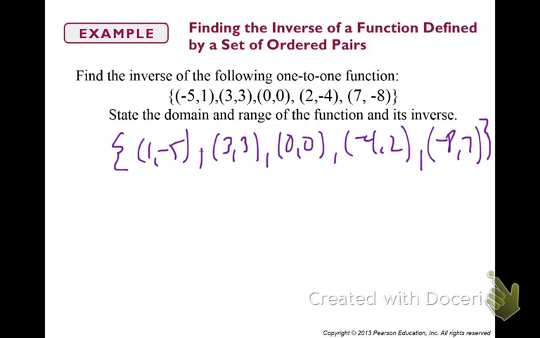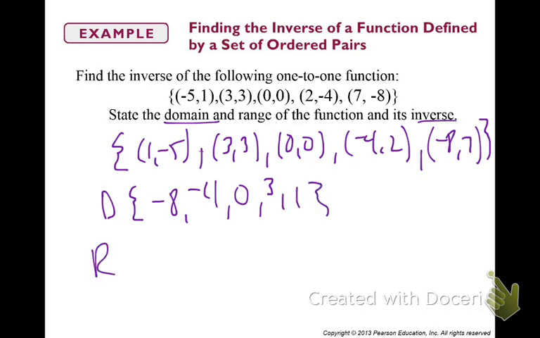So what now is the domain of the inverse? Literally, what is it? 1, 3, 0, negative 4, negative 8. So the domain would be listed in order: negative 8, negative 4, 0, 3, 1.